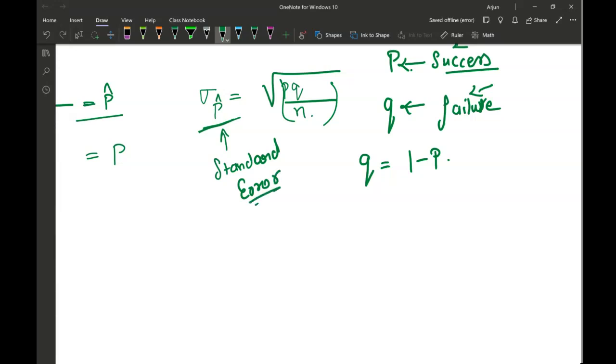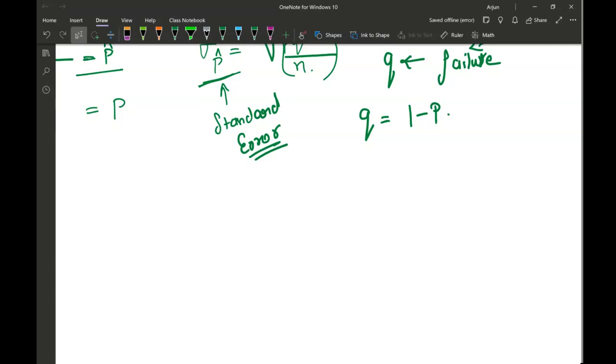Now, if you can recall chapter 8.1, we used certain formulas. Let me quickly open up my formula booklet. One of the formulas we used was z equal to x bar minus mu divided by sigma x bar.